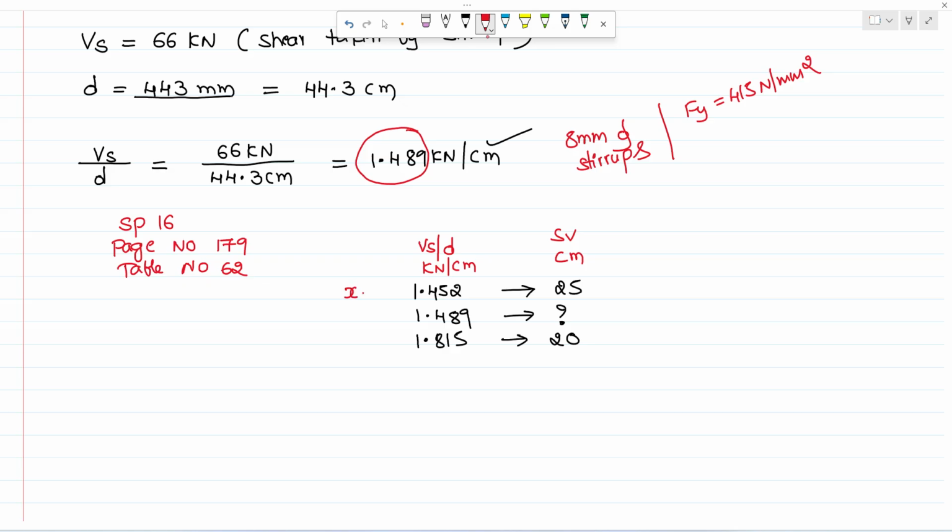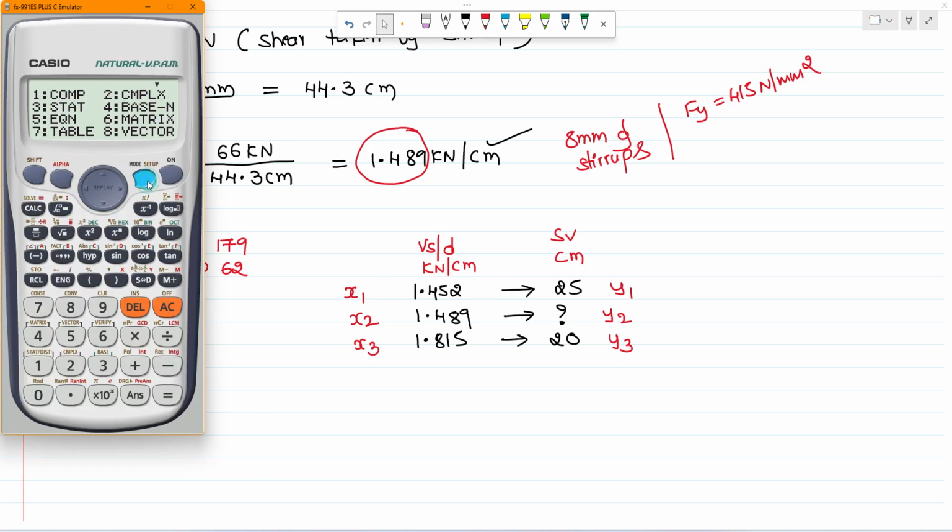Here it is x1, x2, x3 and y1, y2, y3. I will use the calculator. First mode, statistics. 1.452, next 1.815.